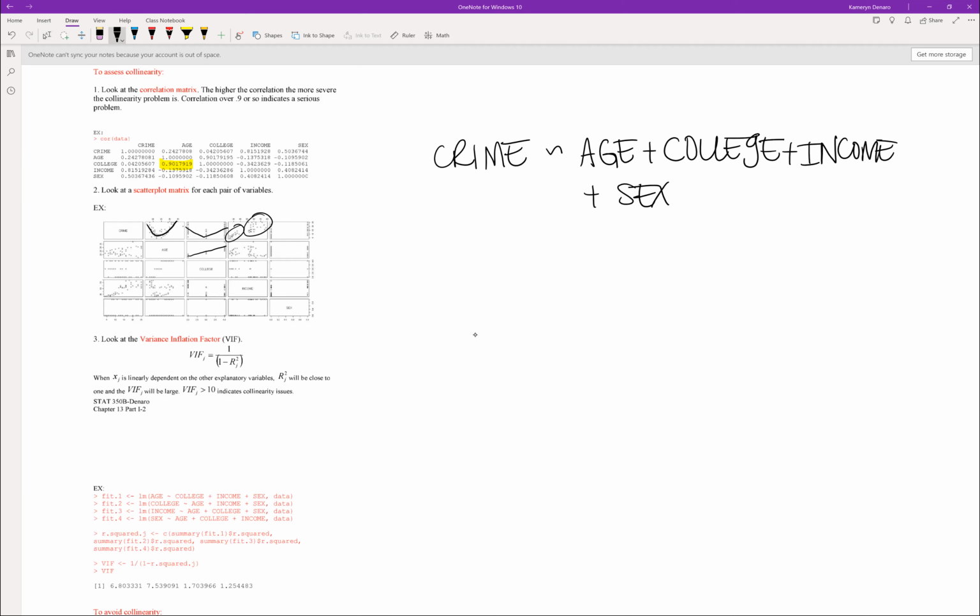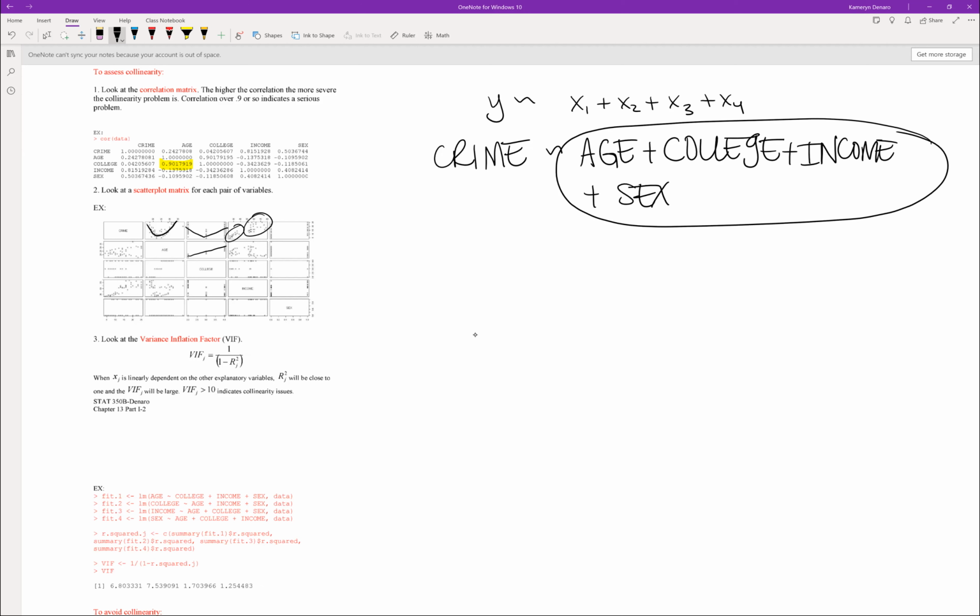When we fit the model, this is our Y follows X1 plus X2 plus X3 plus X4 for our linear model, and then we get those coefficients. But after fitting this model, we ask ourselves: what's the relationship between our X variables? So what's the relationship between age, college, income, and sex?